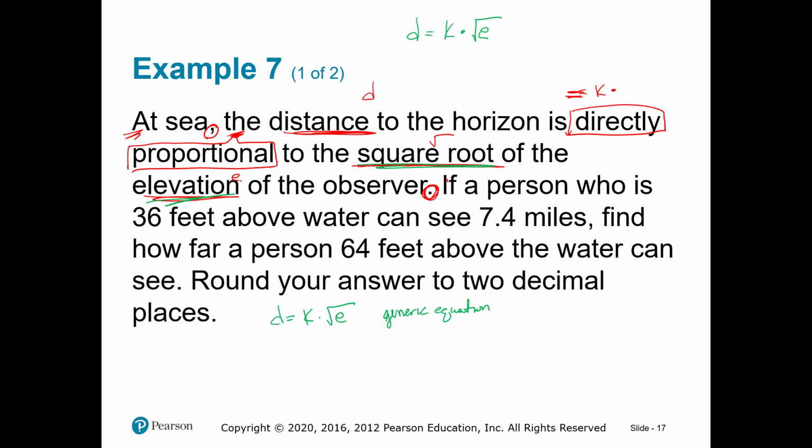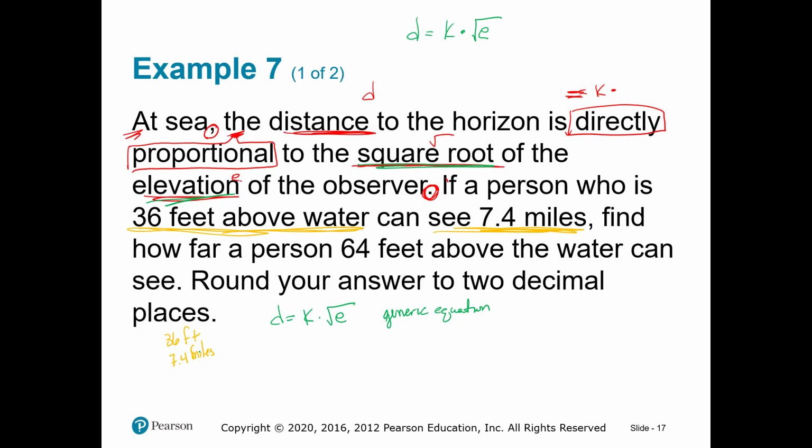They tell us that a person who is 36 feet above the water, they can see 7.4 miles. Okay, so 36 feet and 7.4 miles. All right, they're 36 feet above the water. So, what does that represent?